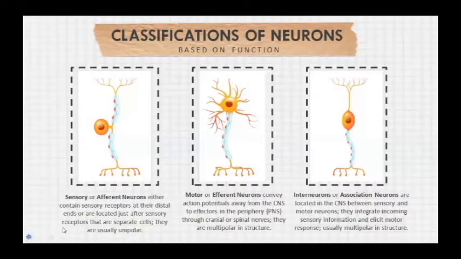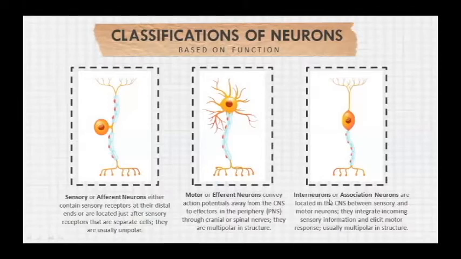The second type is motor or efferent neurons, where efferent means away, because motor neurons send nerve impulses from the central nervous system away from it towards other nervous tissues, since they convey action potentials away from the central nervous system to effectors in the periphery or peripheral nervous system. So it could be either through cranial or spinal nerves, and they are mostly multipolar in structure.